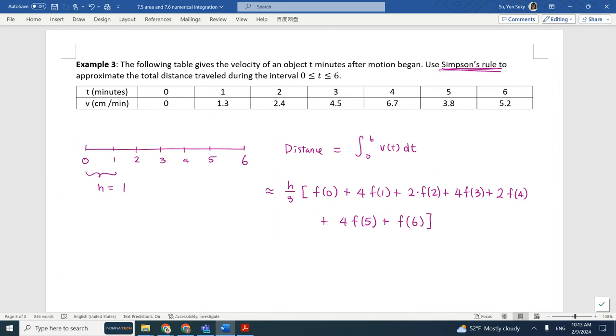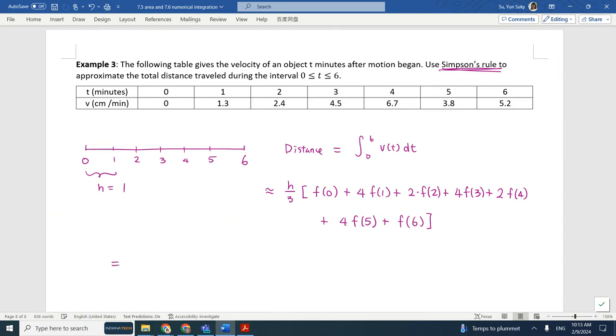So in this step we just write down the formula of Simpson's method: h over 3, left endpoint, right endpoint, 1 copy, all the interior points 4, 2, 4, 2, 4. Okay, so now we can plug in.